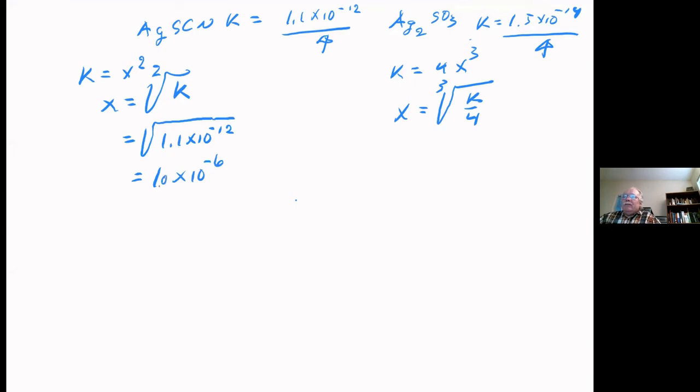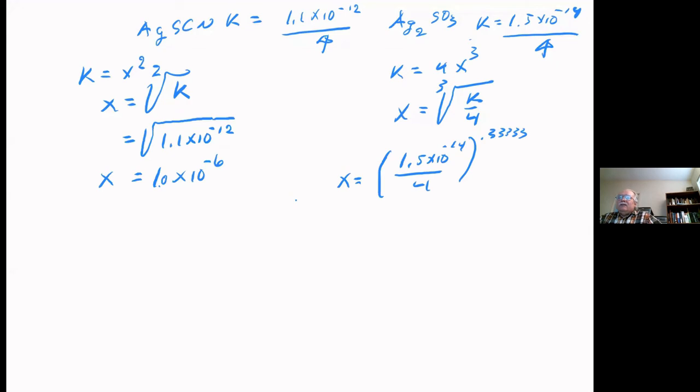Now I come over here, and this is my x, my solubility, and I'm going to write it as 1.5 times 10 to the minus 14 all over 4. And instead of writing the cube root, I'm going to write it to the power of 1/3, which is 0.3333, and I just hit 3 a bunch of times on my calculator.